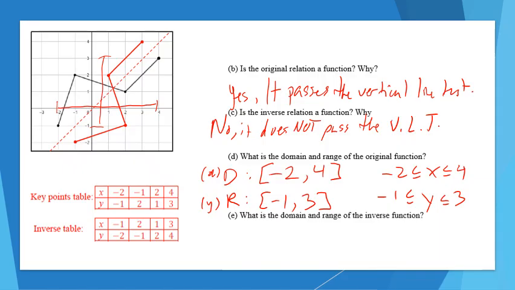So I simply only looked at the black portion of the graph. Now, let me look at the range and domain for the inverse function. So here, I'll do this in blue. And so for the inverse function, the domain spans from -1 all the way to 3.